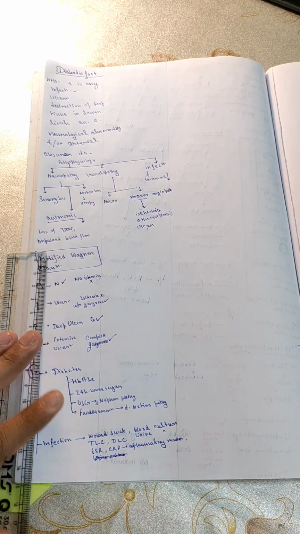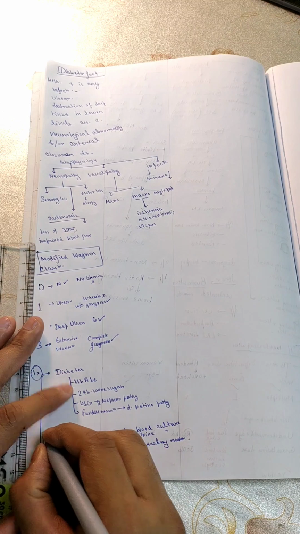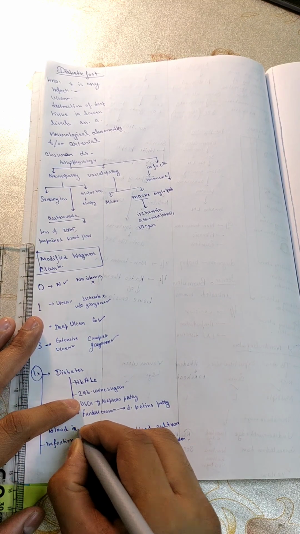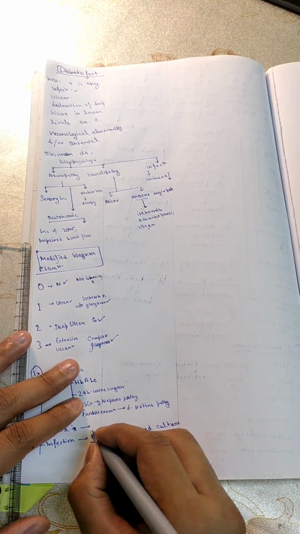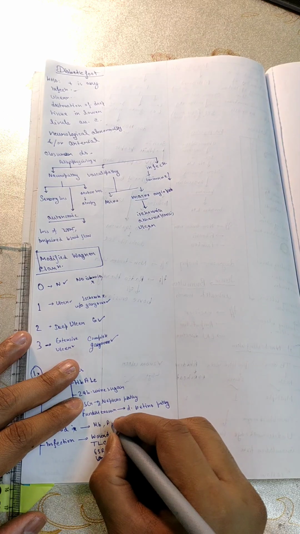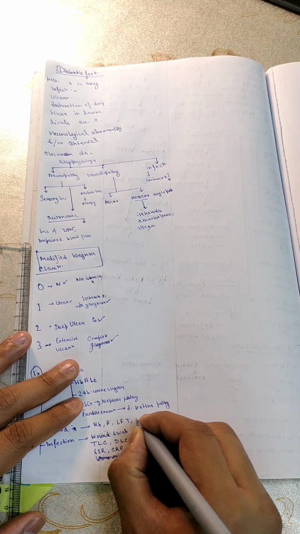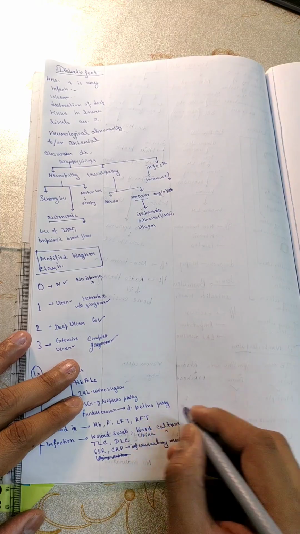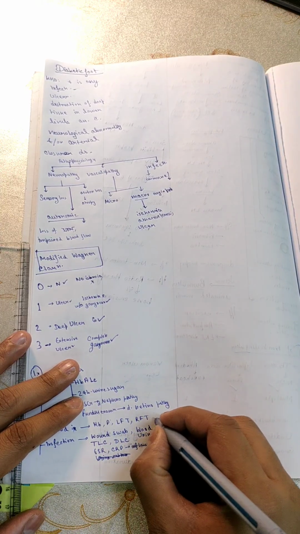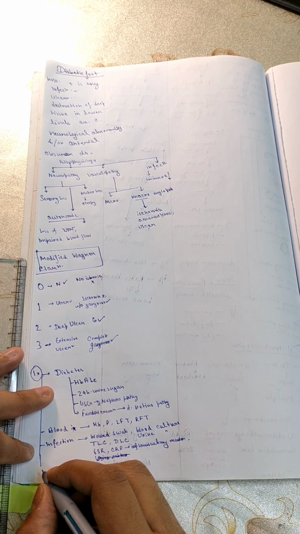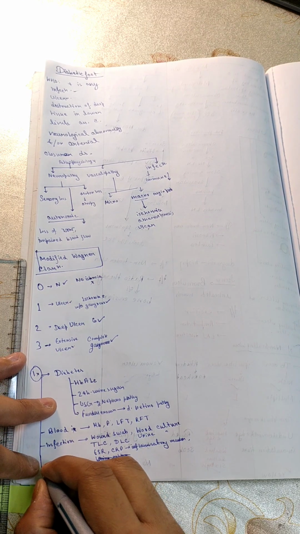Okay. Next, I have blood investigations. What are the investigations? I have hemoglobin level, platelet count, liver function test, renal function test, creatinine. In renal function, I have creatinine levels. Next is biochemistry.